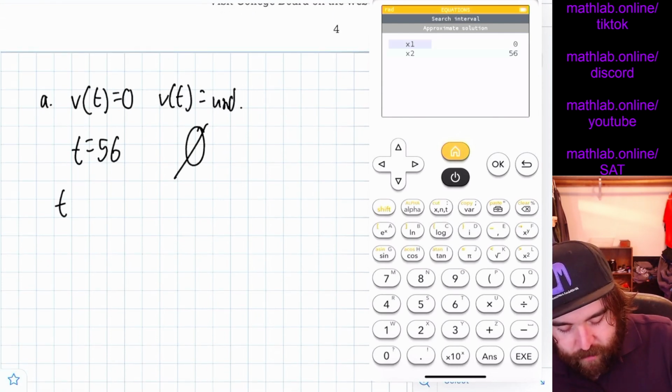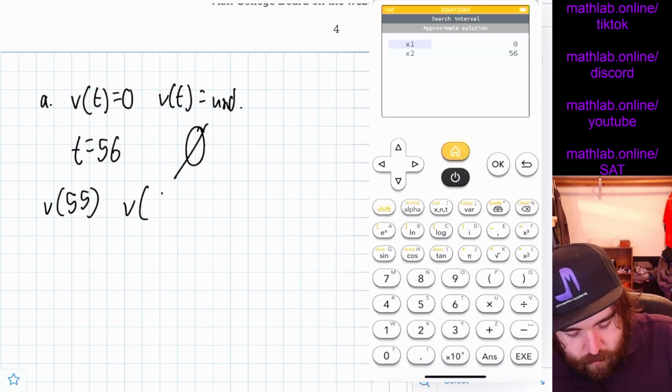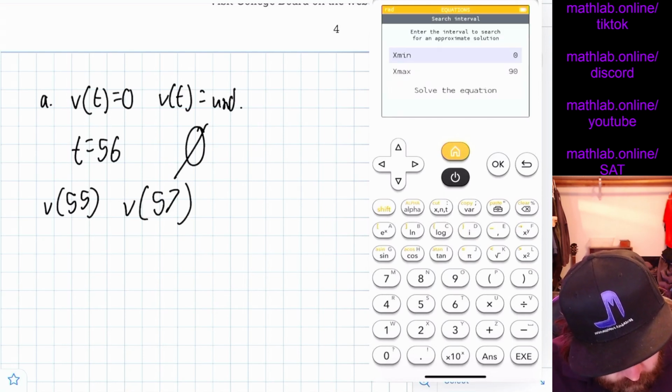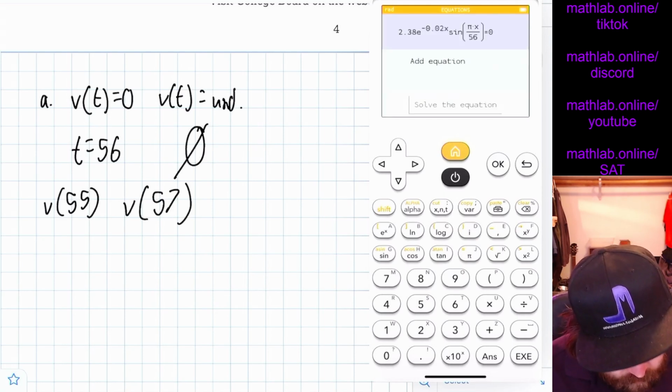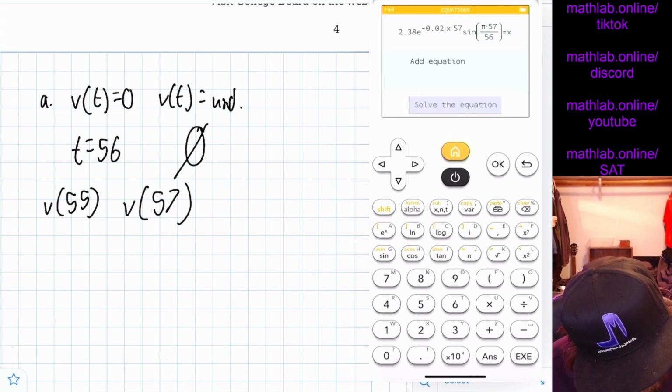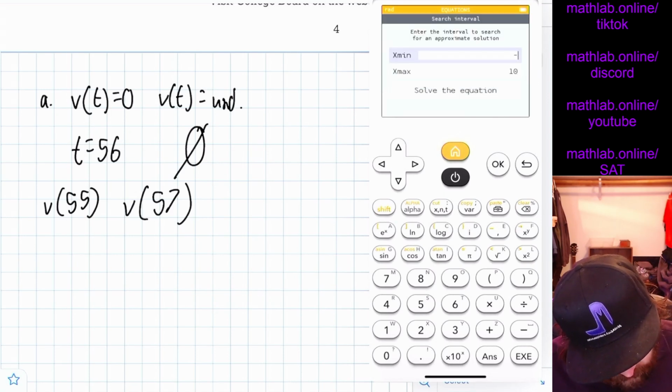So then we should look at what is v of 55 and what is v of 57. Ooh, I don't know if I can do that from here. I can do this. I can call that x. I could come in here and call that 57. And come here and call that times 57. And then solve for x.